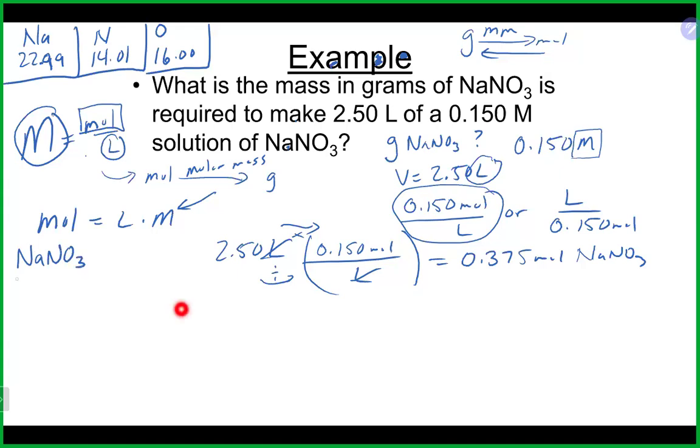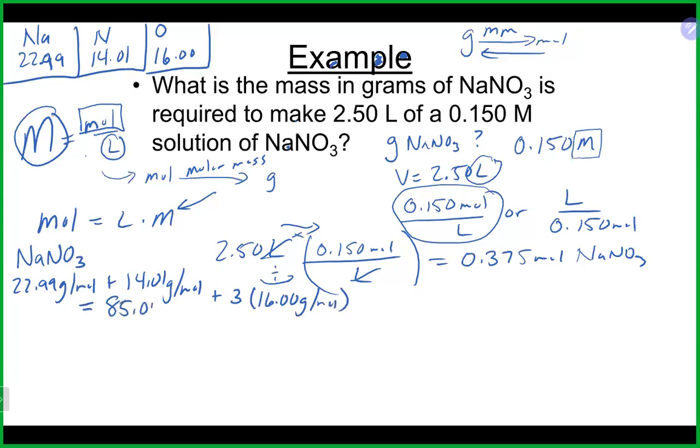So we have one sodium at 22.99. We have one nitrogen at 14.01. And we have, in this case, 3 oxygens, so 3 times 16 grams per mole. Adding all that together, I think it's an even 85, if I'm not mistaken, grams per mole.